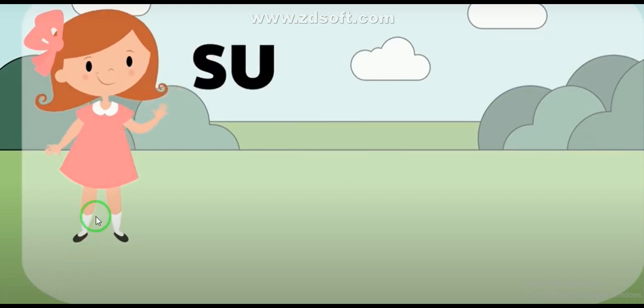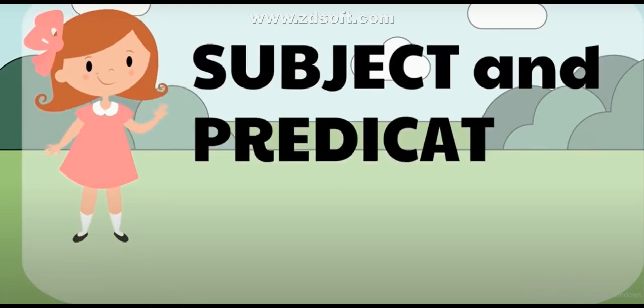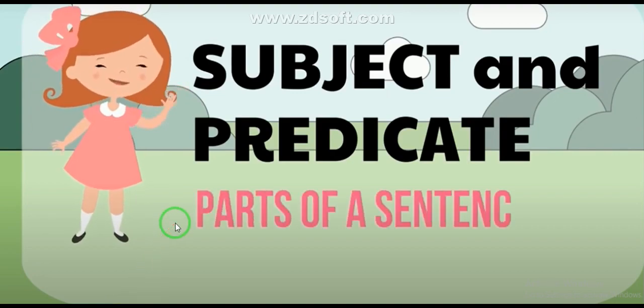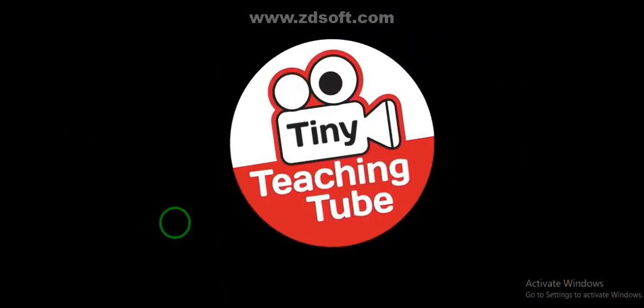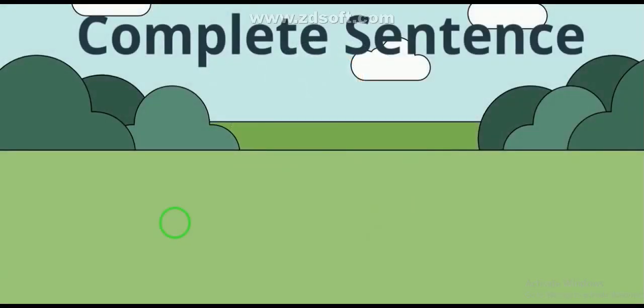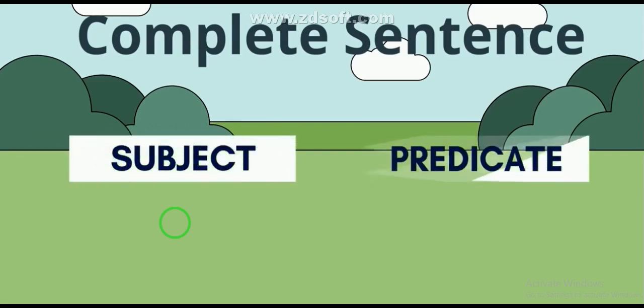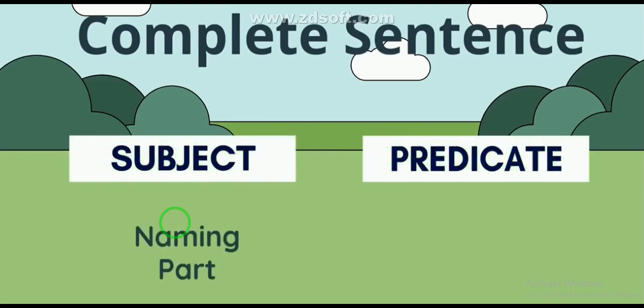In this video, we're going to learn about subject and predicate, two important parts of a complete sentence. A complete sentence has two parts, subject and predicate. A subject is the naming part, and the predicate is the telling part.